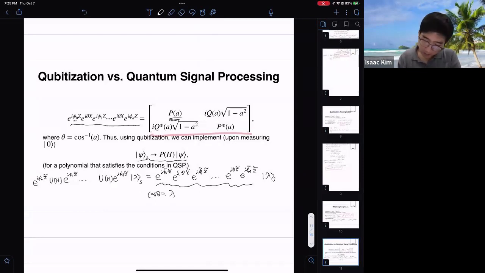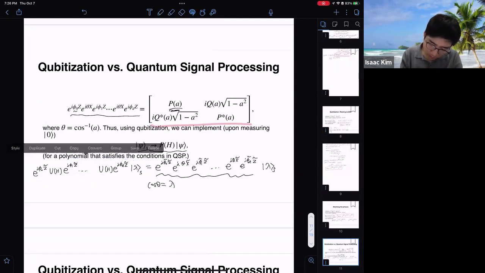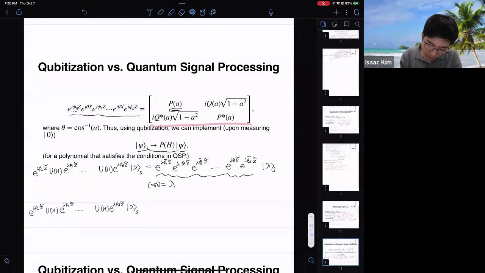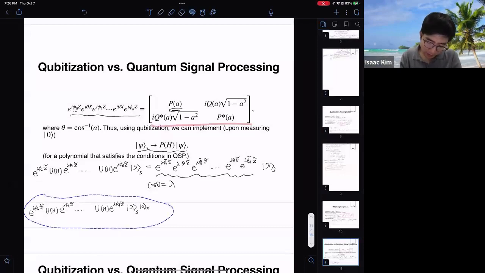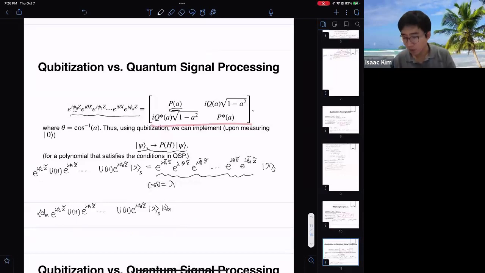What I'm going to do is apply the same operator while fixing the state of this ancilla qubit to 0_A. The basic thing I'm trying to do is compute this thing.